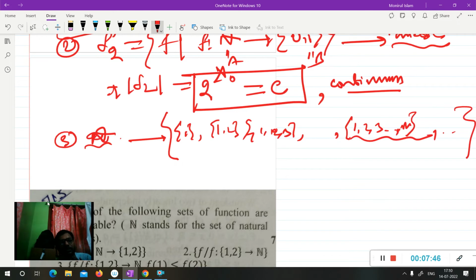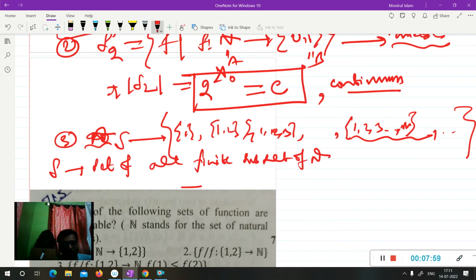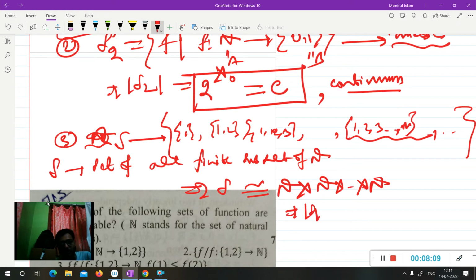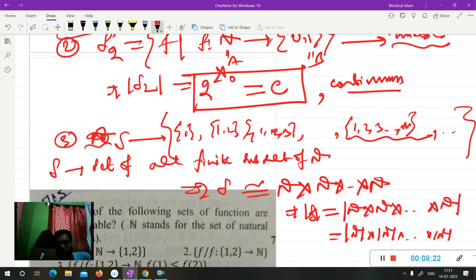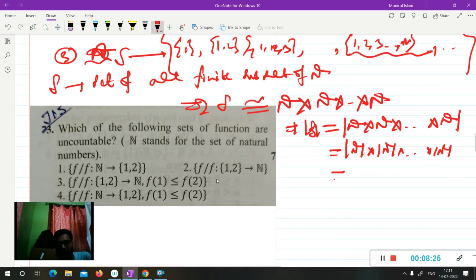If S is the set of all finite subsets of N, then this implies there is a bijective mapping from S to N cross N cross N, and so on. So the cardinality of S will be the cardinality of N cross N and so on, which is the cardinality of natural numbers multiplied n times. Now the cardinality of the natural numbers is alif naught, so this gives alif naught times alif naught, n times, which is alif naught to the power n.